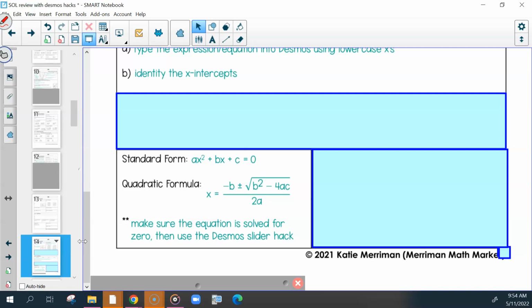Does anyone want to see any of these questions in Desmos? Does anyone need this bottom part still? Let me let them finish, because this will be the last week we do for today.